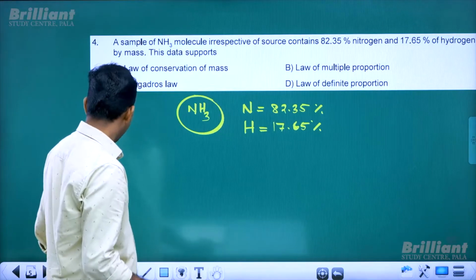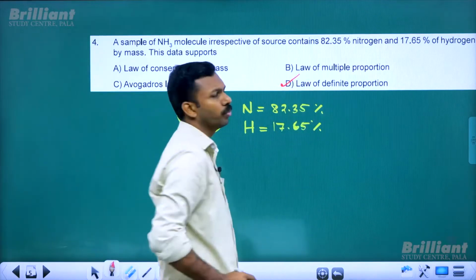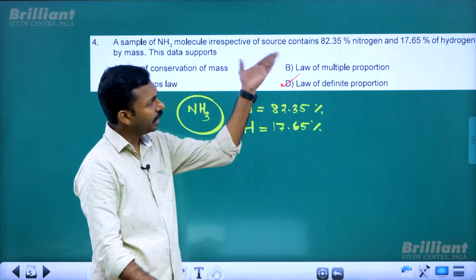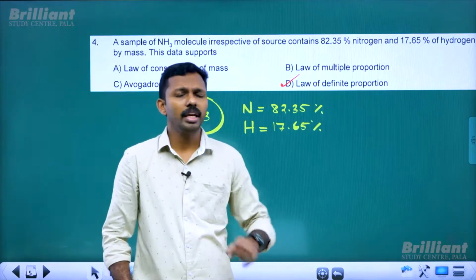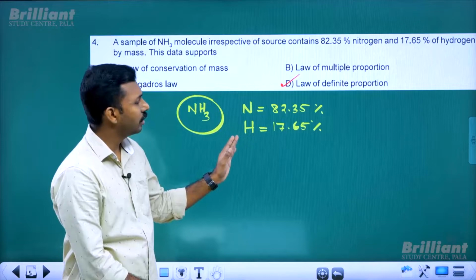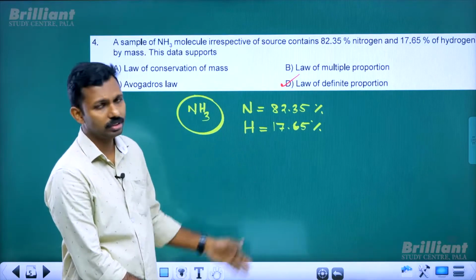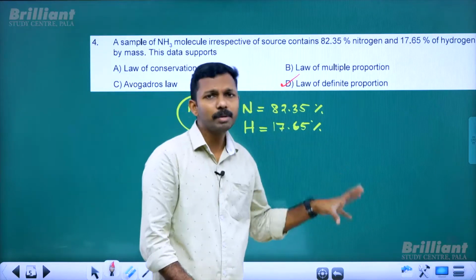Yes, it is definitely the fourth option, right? Law of definite proportion. Why? Because this data is saying that irrespective of the source, every time ammonia is containing nitrogen and hydrogen in this percentage by mass. So, this is in accordance with the law of definite proportion.